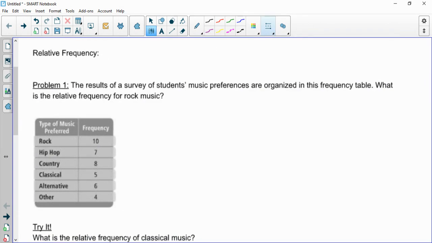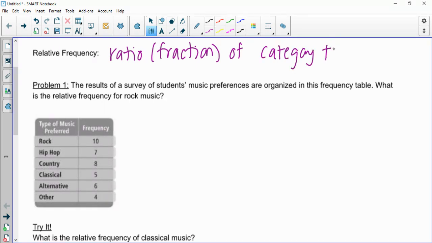Relative frequency is just a ratio, so it's a fraction of some category in a table to the total of the table. It's just more probability.